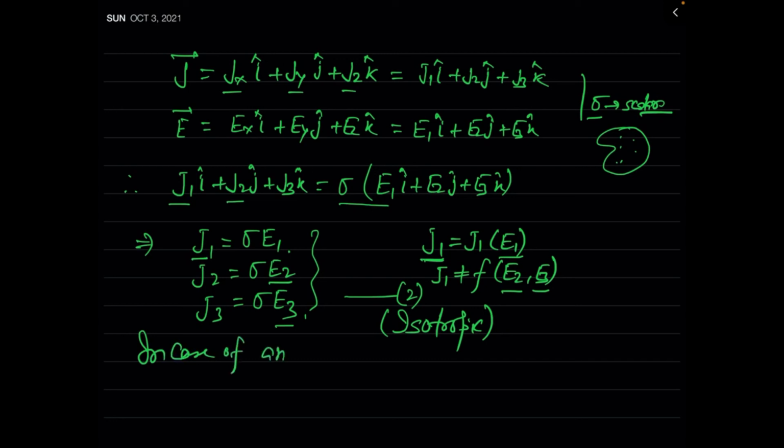In case of anisotropic conductors or solids or medium, it is seen that if our conductor is anisotropic, then any component of the current density vector depends not only on one component of the electric field.